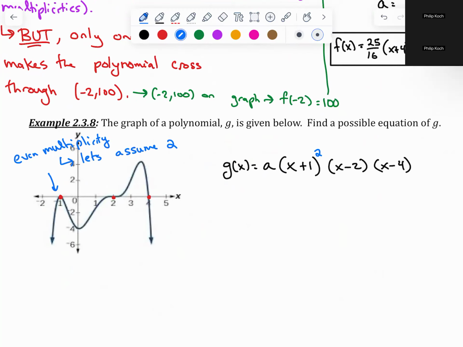Then for the 0 at 2 and the 0 at 4, are those even or odd multiplicities? They're odd because they cross through. Now, if this was a question on the exam and you just made these both to the first power, I would give you full credit, because I just want you to understand that odd multiplicity crosses through, even multiplicity bounces.